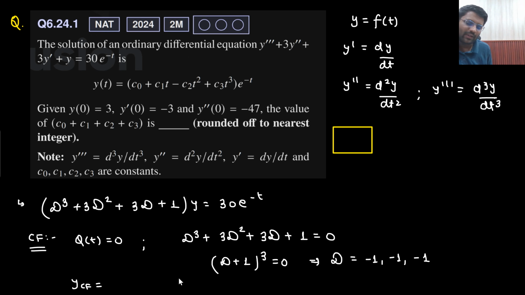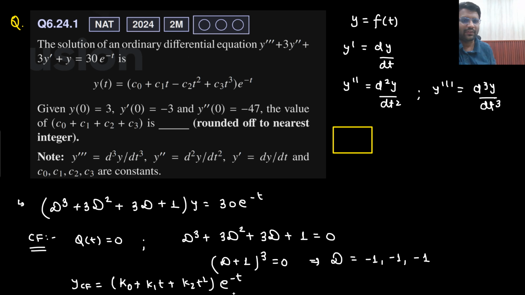So what will be my y of CF? Usually I would take C1, C2, C3 as arbitrary constants, but here I will take K0, K1, K2, because C0, C1 and so on have been used here. So y of CF is K0 plus K1 t plus K2 t square, times e to the power minus t.